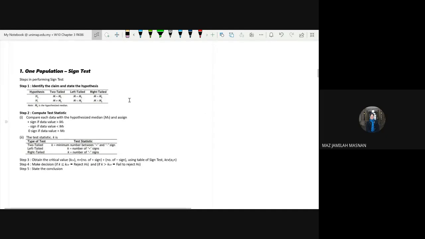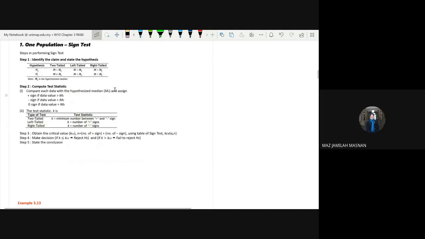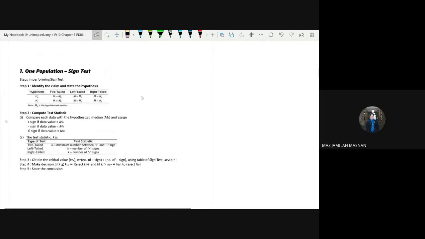For one population, we call it the sign test. There are still 5 steps for you to perform the sign test. The first step is to identify the claim and state the hypotheses. You need to write down your null and alternative hypotheses, and out of the two, you can highlight which one is your claim.